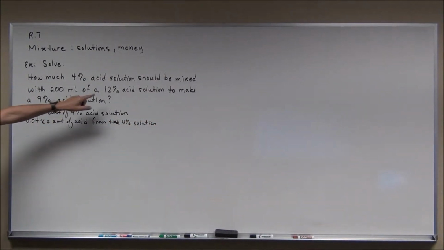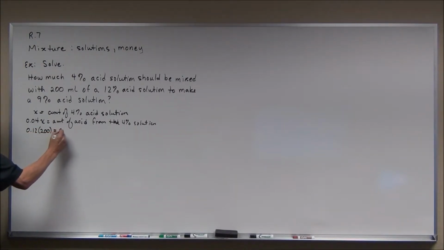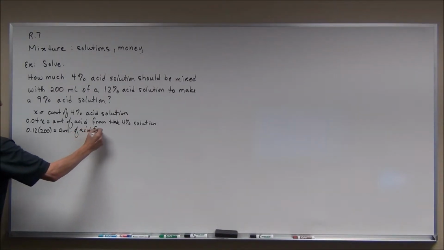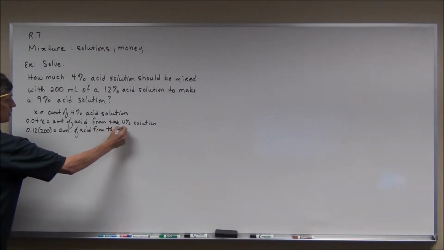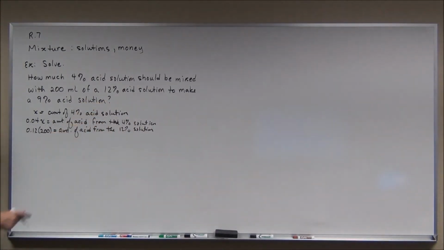How much pure acid? And we have 12% acid solution, 200 milliliters of that. So if I take 12% and multiply that times 200 milliliters, that would be the amount of pure acid from the 12% solution. By the way, if you take 0.12 times 200, you're going to get 24. This is going to be 24 here.